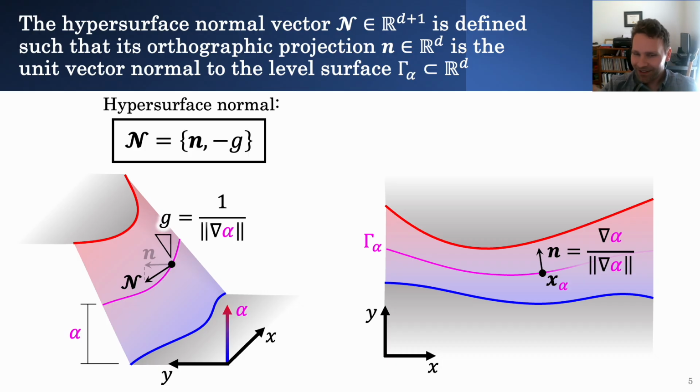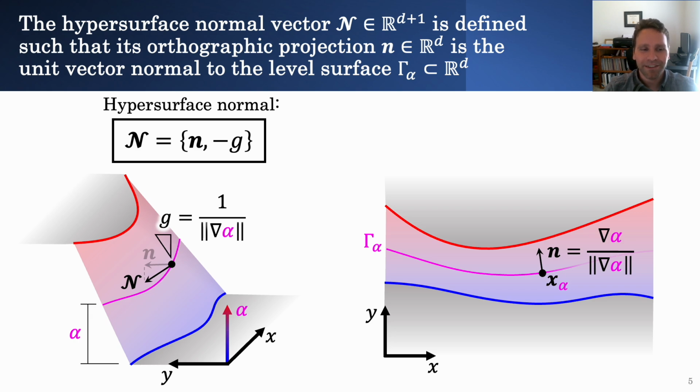All right, so given that, I can certainly determine different geometric quantities of interest, things like what's the normal to this level surface, which is really nothing more than the normalized gradient of the level set function, alpha in this case. But also I can define another related geometric quantity, which I'll call g. And g has an interpretation that's analogous to the gap function in classical contact mechanics contexts. But this gap function also effectively characterizes the hyperdimensional component of the hypersurface normal vector.